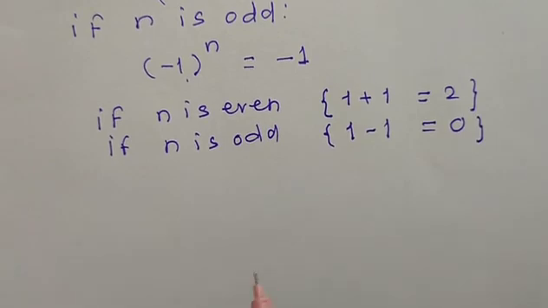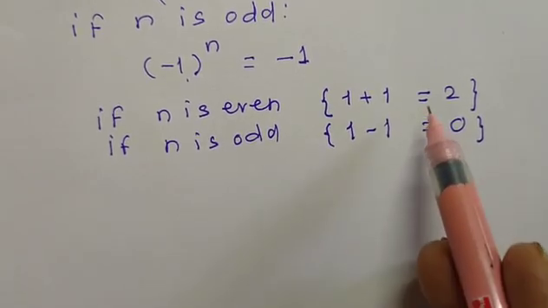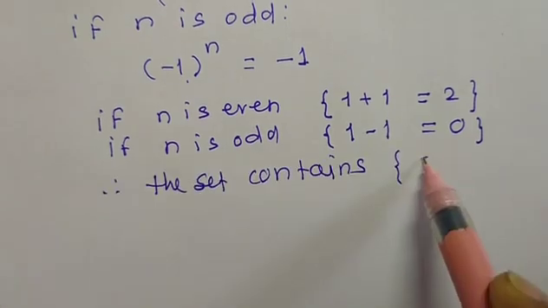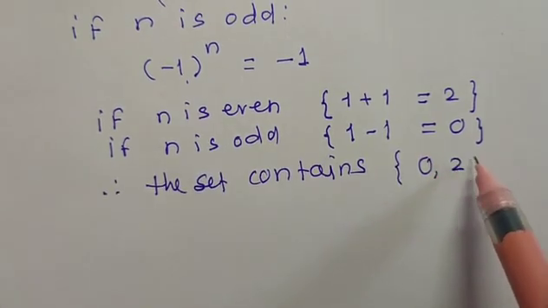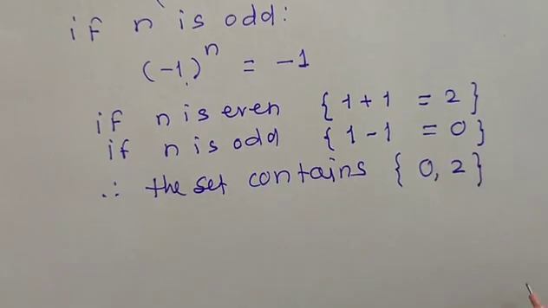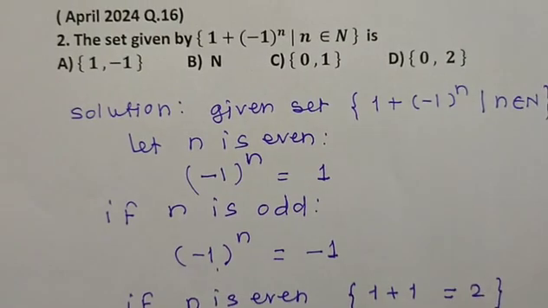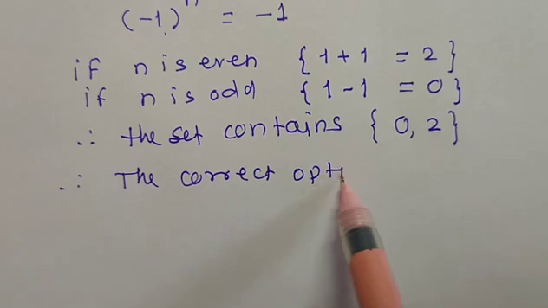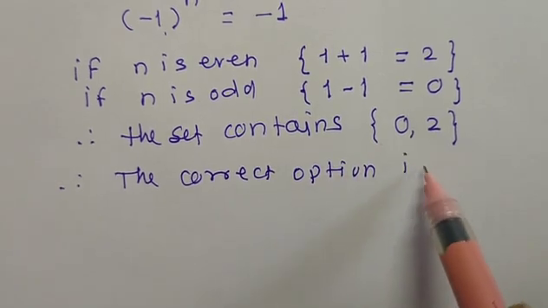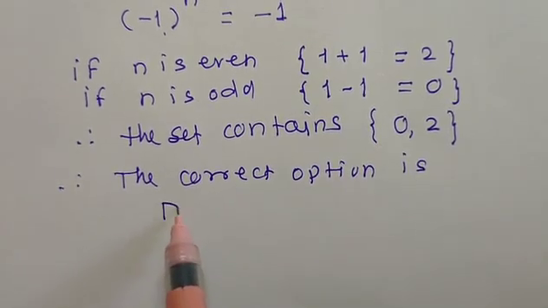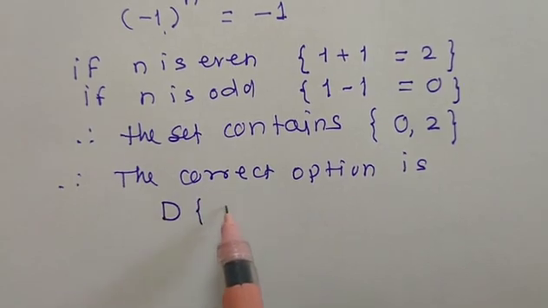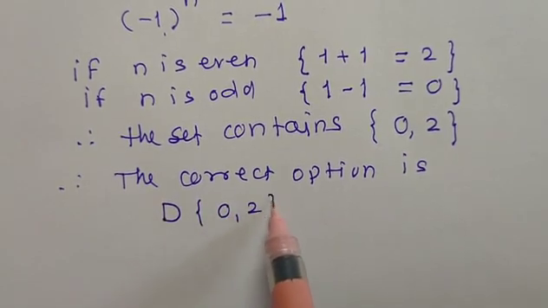So definitely this set contains only 2 elements, 0 and 2. Okay, so the correct answer is what? D. It is D, 0, 2.